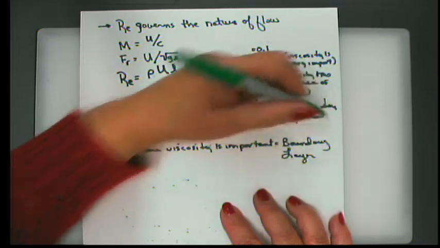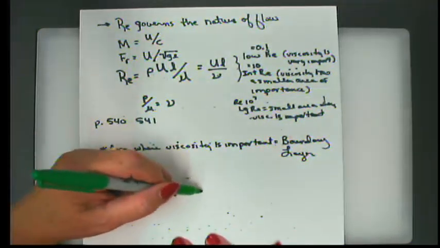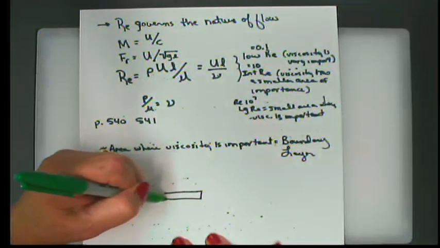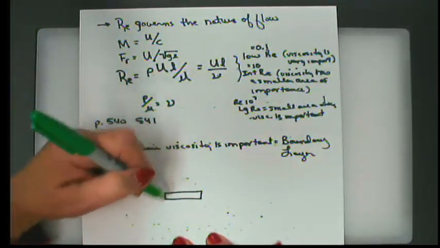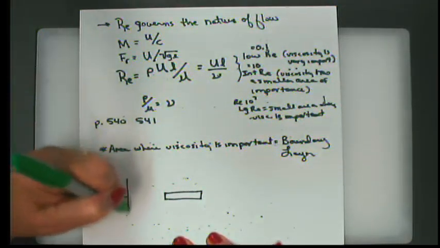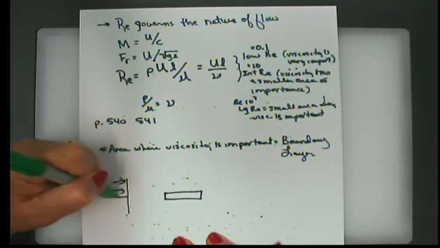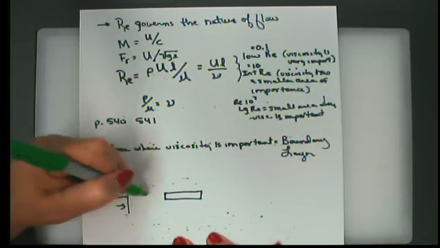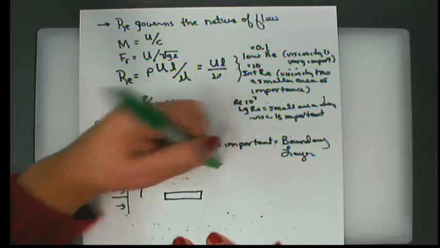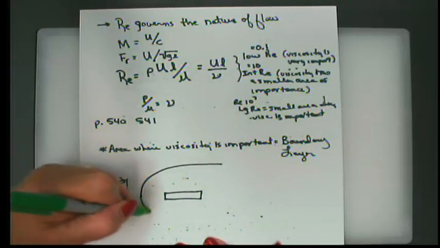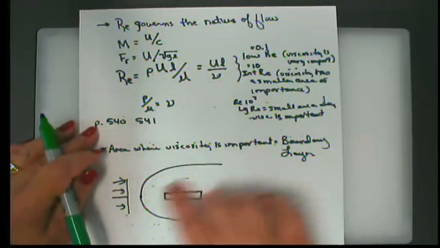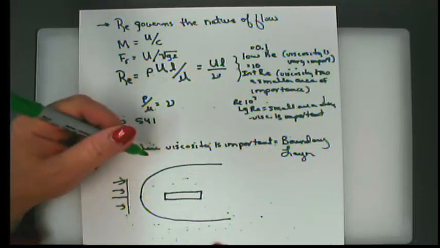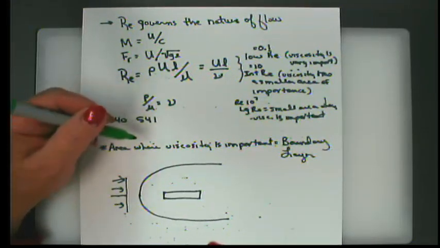And that's really where there's sort of a system between whatever object we have being submersed in this fluid. We have the velocity profile of the fluid moving toward our object. And for a low Reynolds number, we're going to have a very, very large area where the viscosity of that fluid is extremely important.